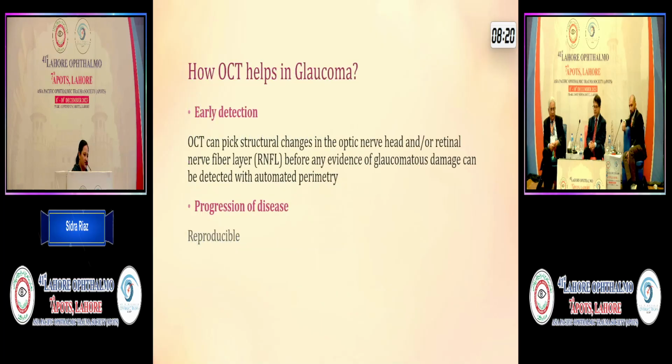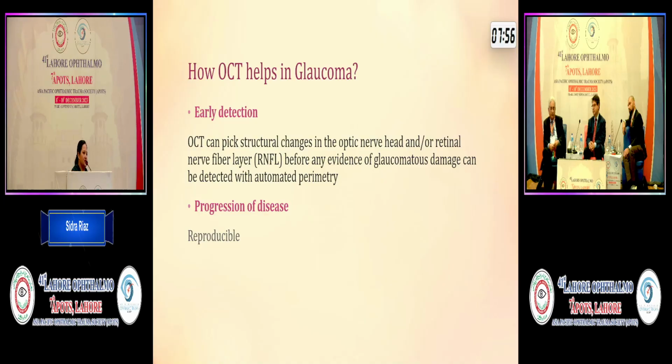How it works is that it not only detects glaucoma or any glaucomatous change early, but we can also monitor the progression of disease if we have the initial OCT. But as it is a slightly expensive investigation, every patient is not a candidate for OCT.